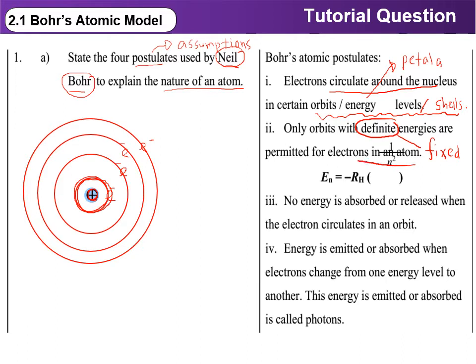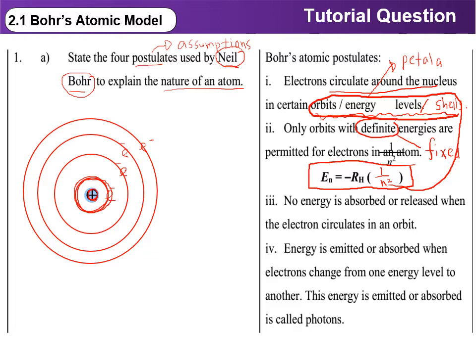We have one formula here: En equal to negative RH 1 over n squared. The n here represents the shell, orbit, or energy level. The n here is not the number of moles, but refers to orbit, energy level, or shell.